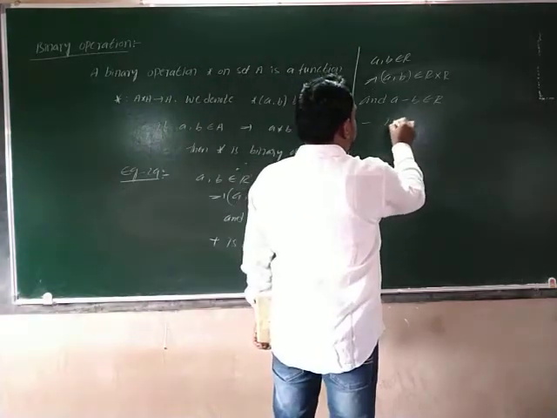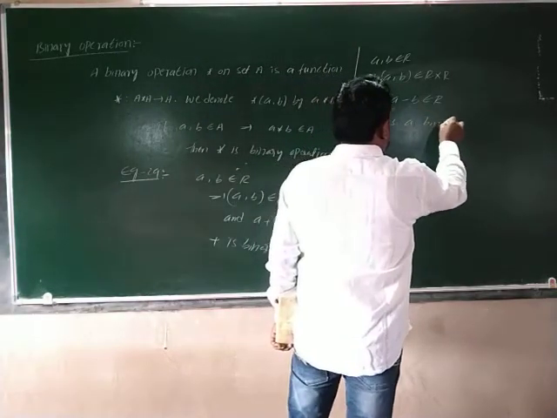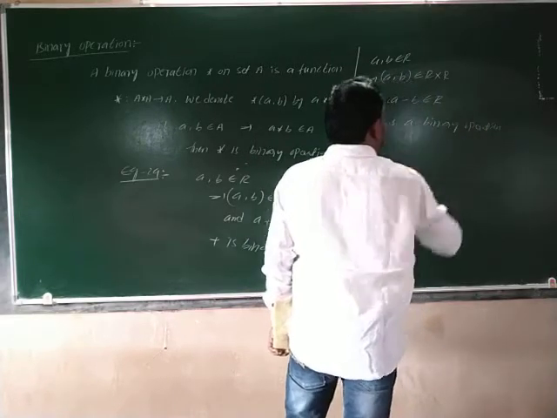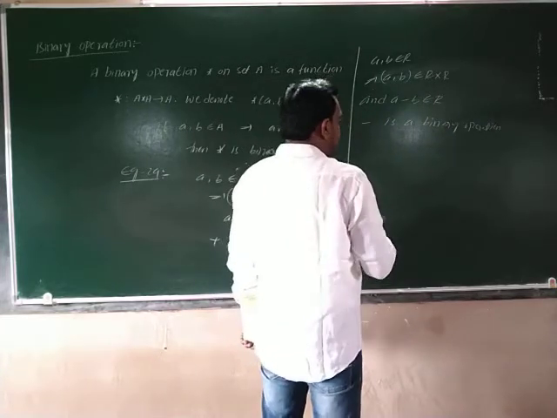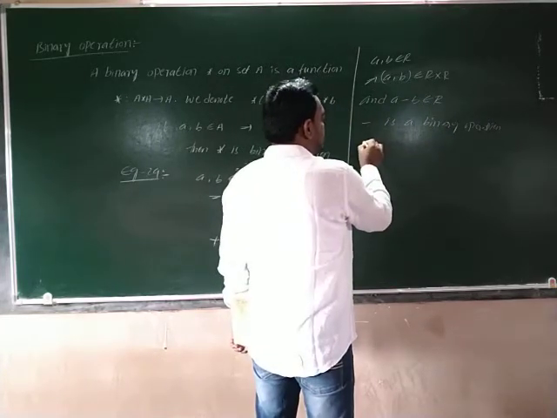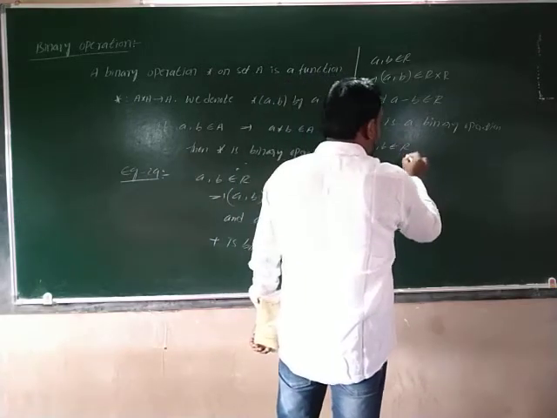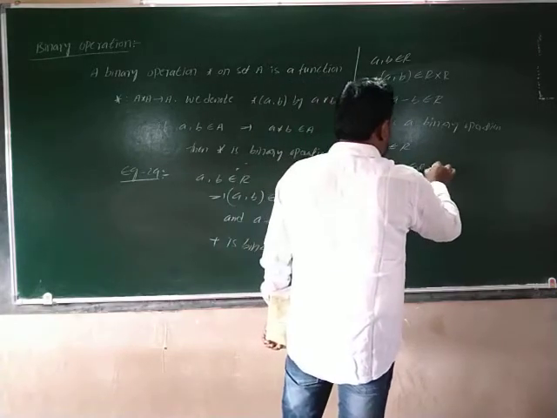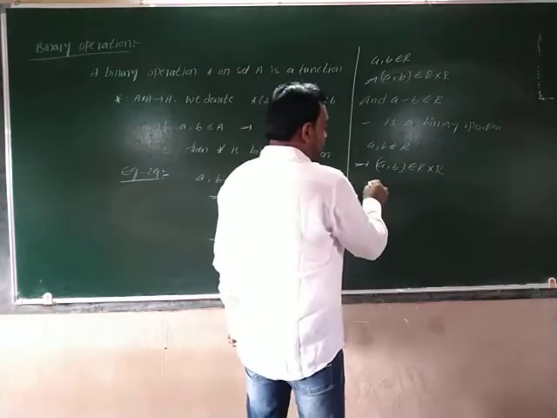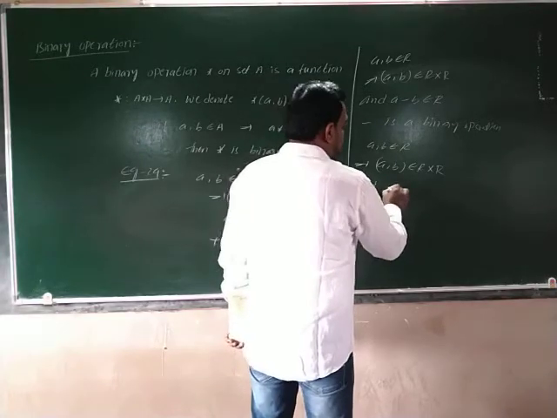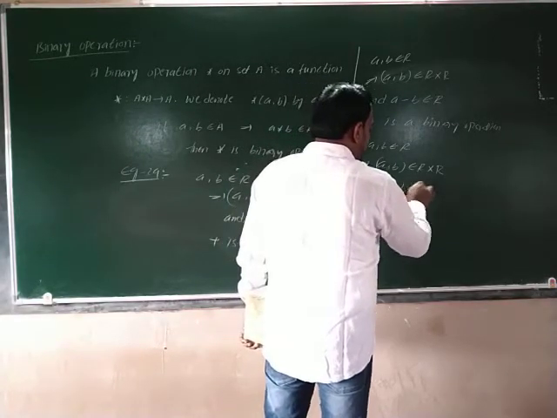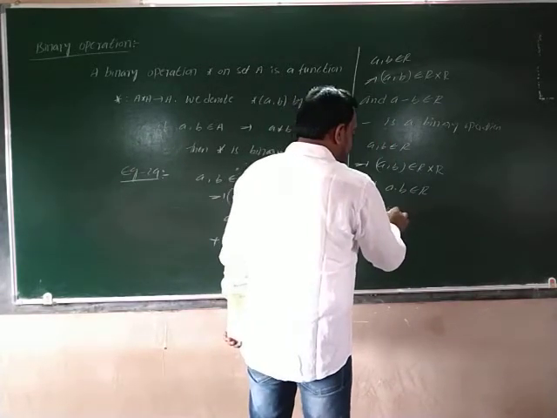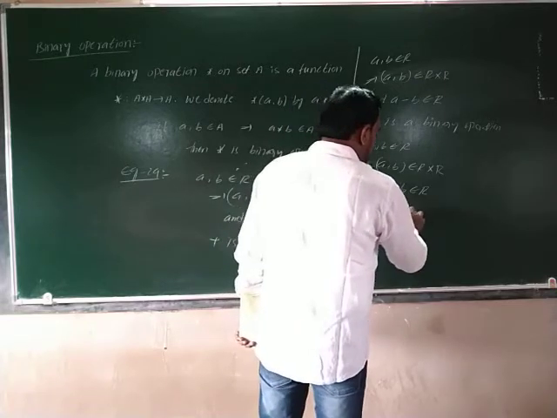So minus is a binary operation. Next one, multiplication. A comma B belongs to R, the pair belongs to R cross R, and A into B belongs to R. Therefore, multiplication is a binary operation.